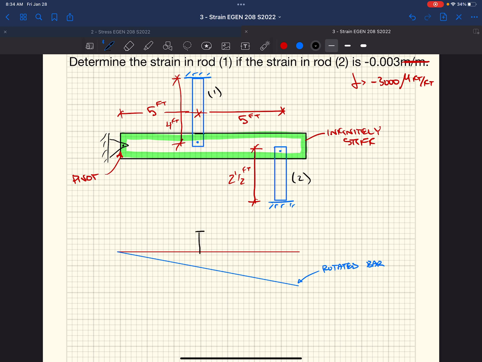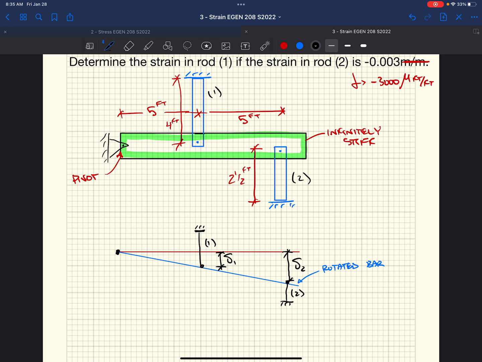So if we had rod 1, it's going to be connected something like this, and then we have rod 2, connected something like this. So we've got delta 1, the change in length of rod 1, and delta 2, all coming back to this pivot.